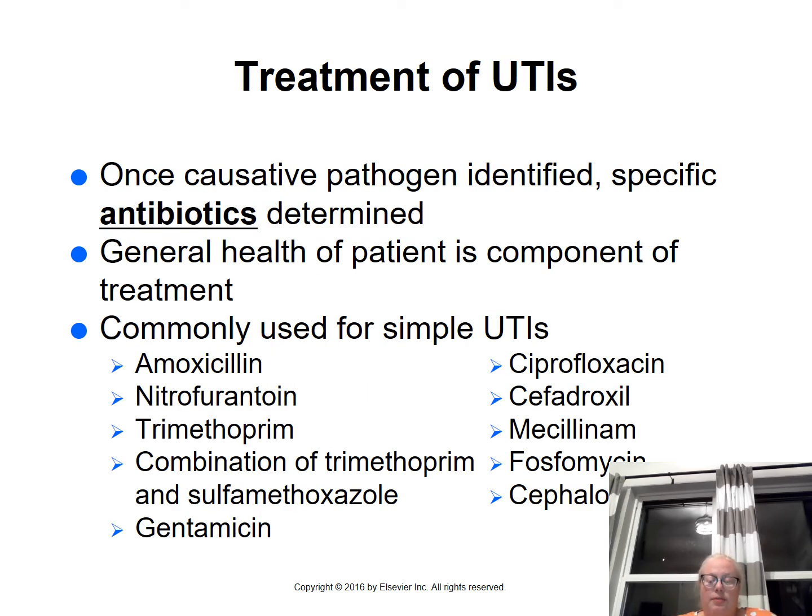As far as treatments of UTIs, again, once a causative pathogen is identified, then the physician or provider will prescribe specific antibiotics. Commonly used antibiotics for simple UTIs: amoxicillin, ciprofloxacin, you may see Bactrim, gentamicin.